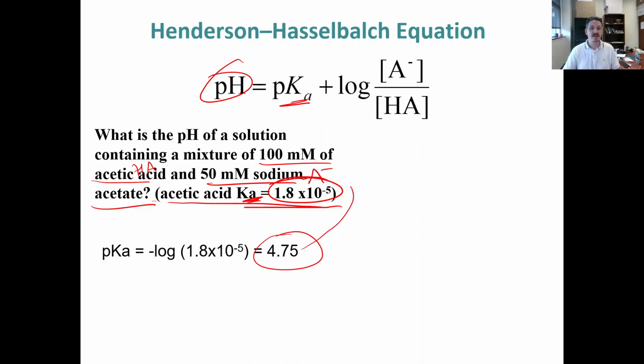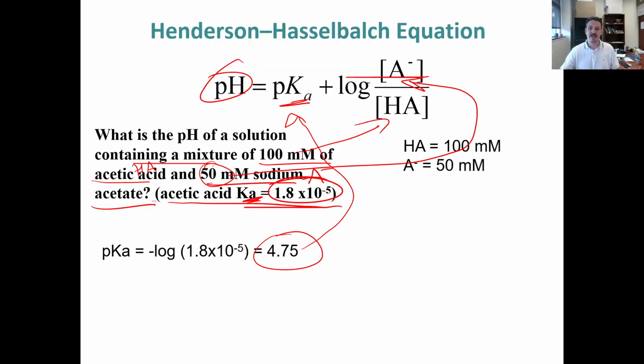Now we have everything. We can feed this into here. We can feed the HA, 100 millimolar, into here, and we can feed the A minus, 50 millimolar sodium acetate, into here. We know the HA, we know the A minus. We can add in all of those numbers. We're going to solve right to left.